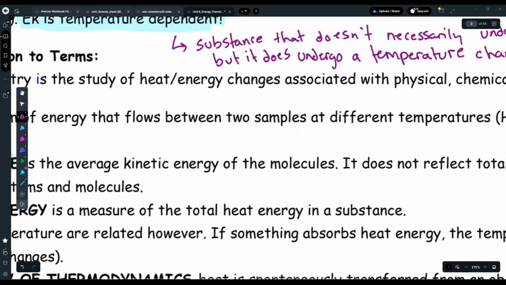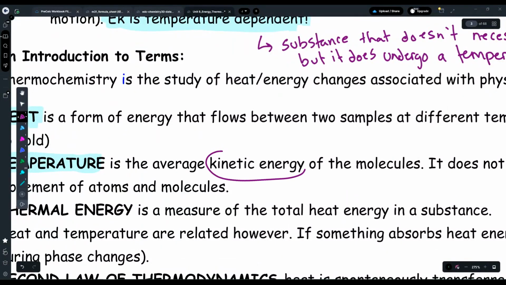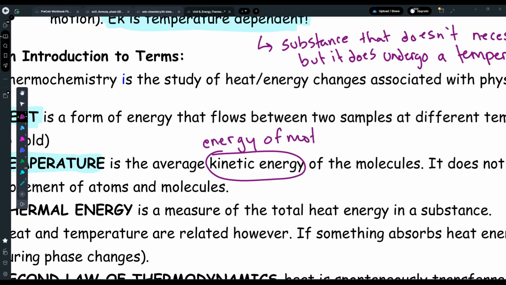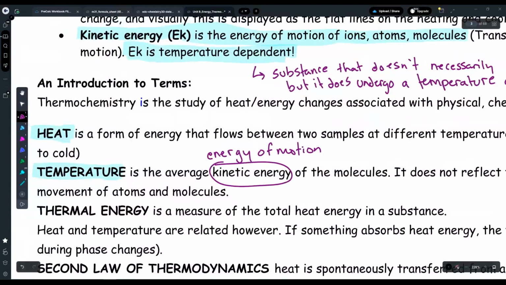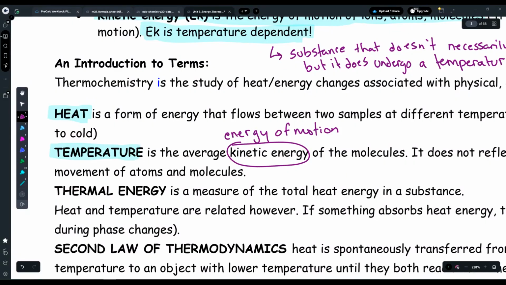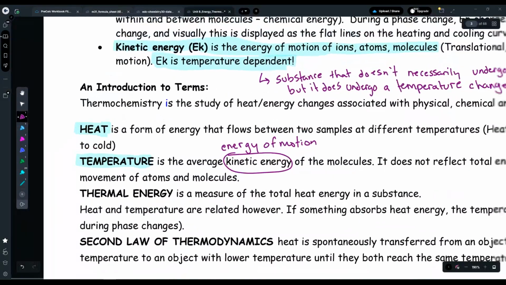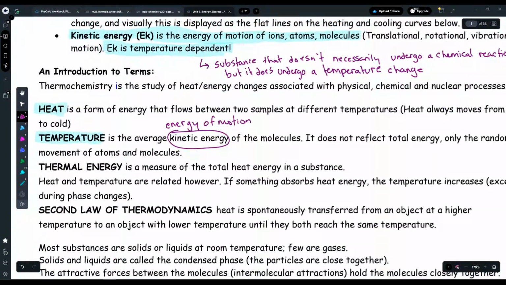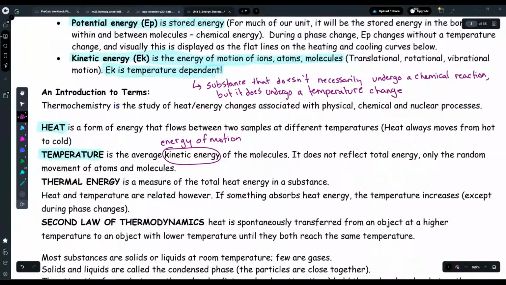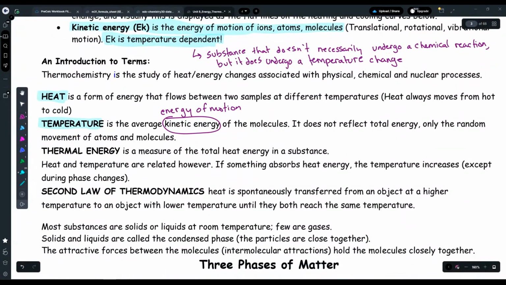As a reminder, kinetic energy is all about the energy of motion. Temperature just measures the average motion of molecules in a sample.